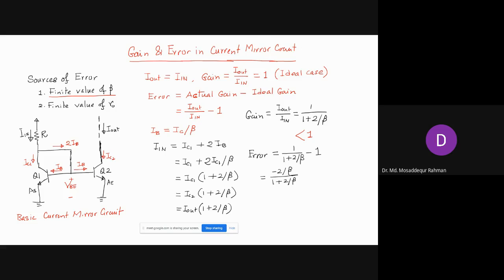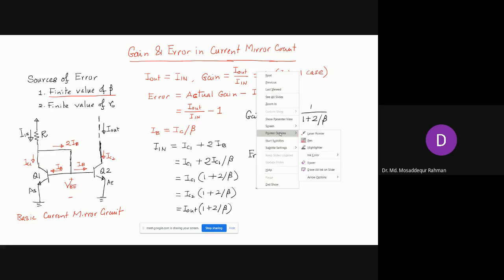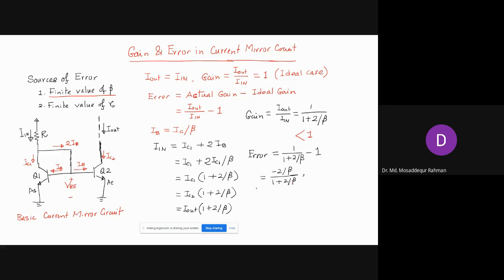Now, usually the beta is much larger, right? Let's say about 100 or something. Then we can assume that in the denominator, this 2 by beta, since beta is large, will be much smaller than 1.